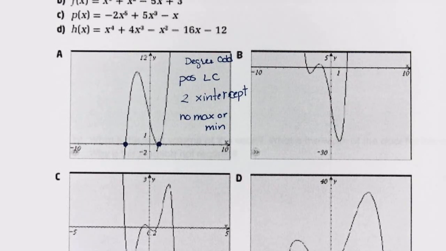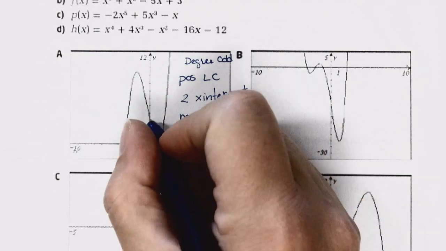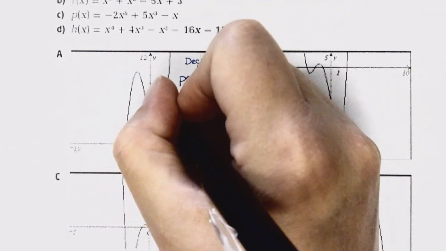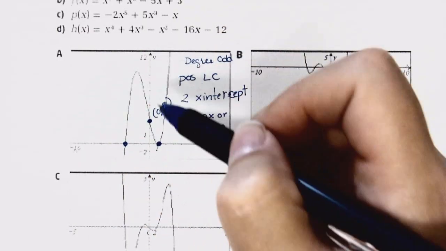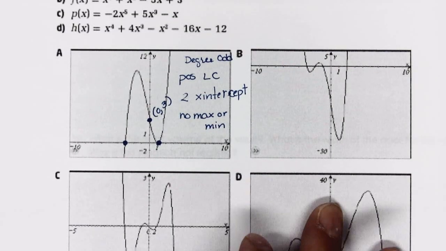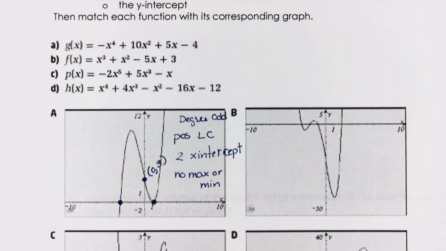And then the y-intercept. Where do you think that y-intercept is? I think it is at 3. Our graph doesn't even say numbers. Do you guys know how I picked 3? I looked at my equations.